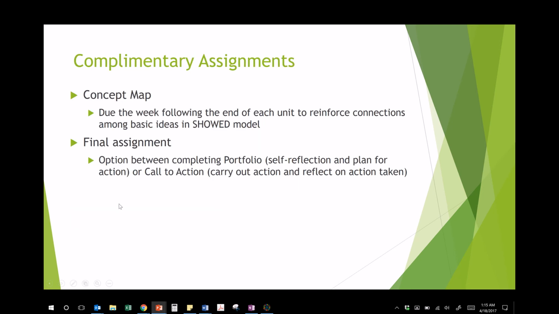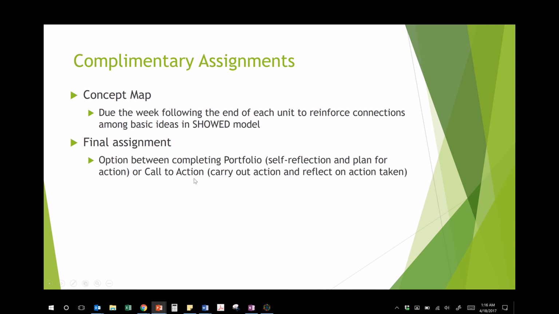Then their final assignment was modified to allow them to have the choice between completing essentially an activity of self-reflection. This was really geared for students that may have really been challenged by the Photovoice journals, may have really experienced a significant shift in their framework. And so this would provide an opportunity to reflect on that and plan for the action that they may take.